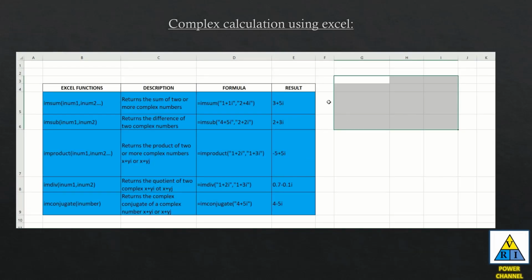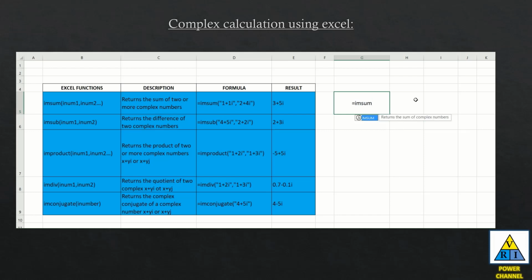For the next function, we have the sum of complex numbers, IMSUM, which returns the sum of two or more complex numbers. So we can type IMSUM, open parenthesis 1 plus 1i, comma 2 plus 4i, close parenthesis.